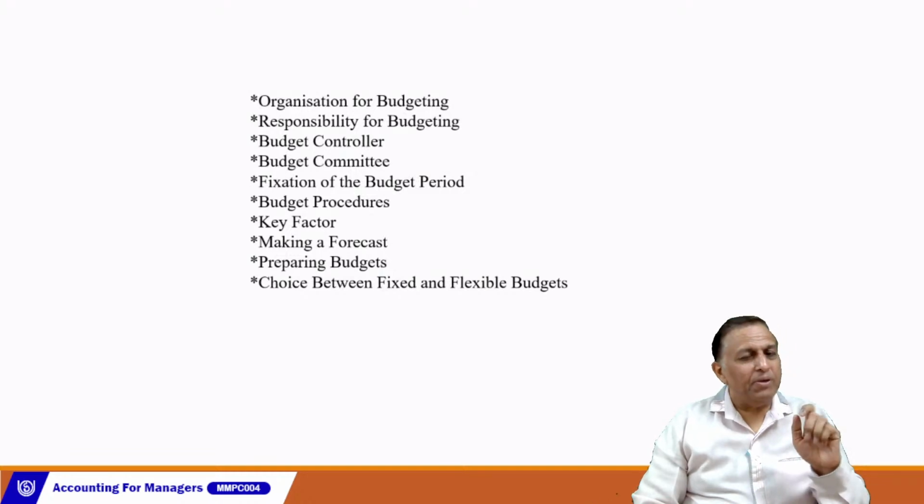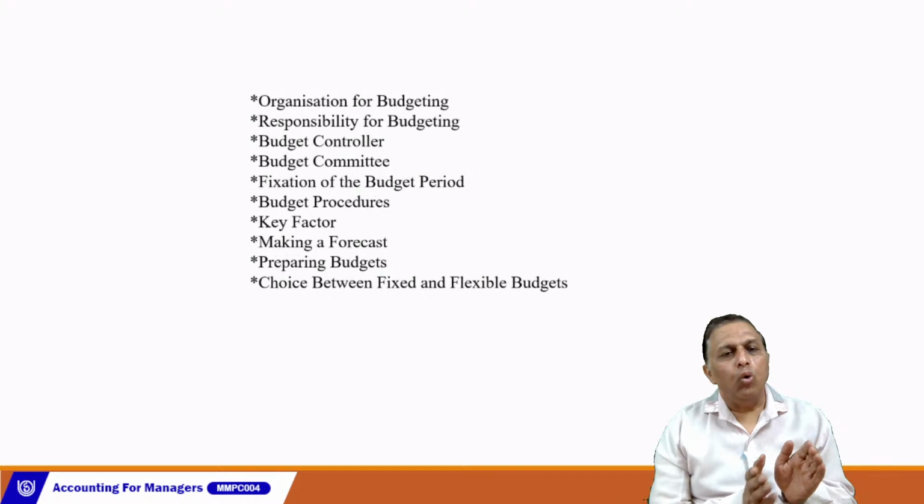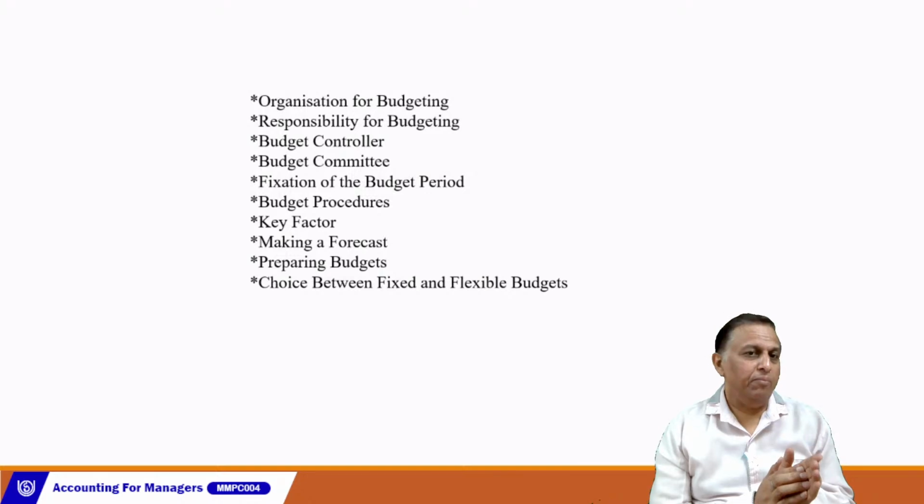Friends, when we prepare the budget, there is a committee. There are different people who form a budget committee and who give you the information about what is the overall plan of a particular stream, whether it is HR, operational, marketing or the financials.